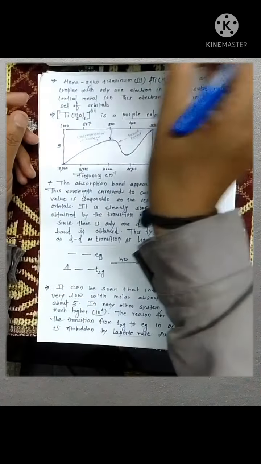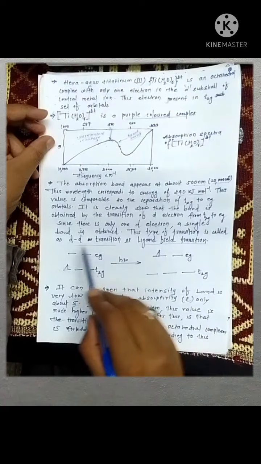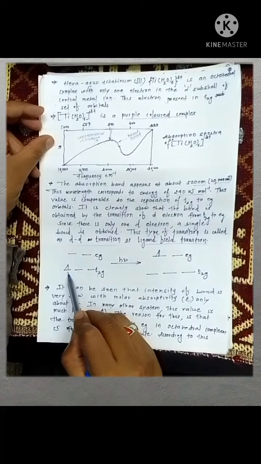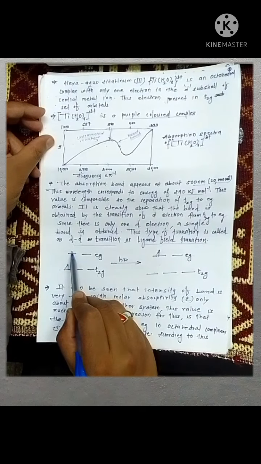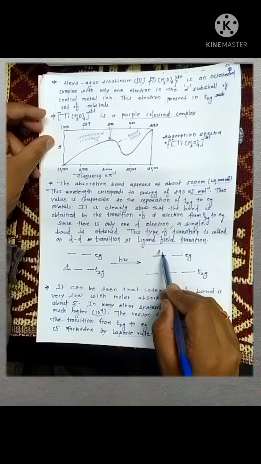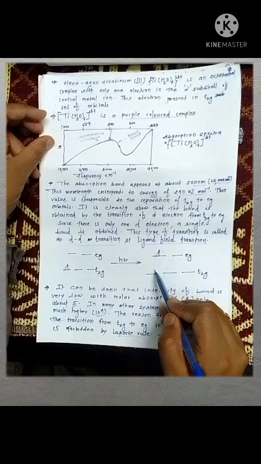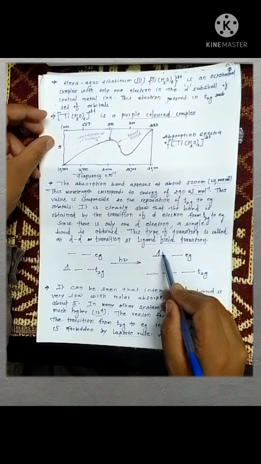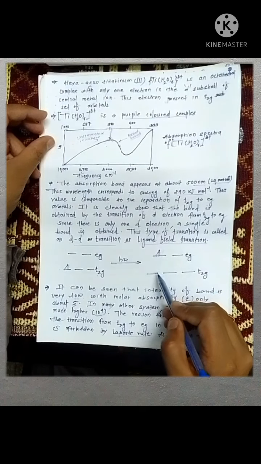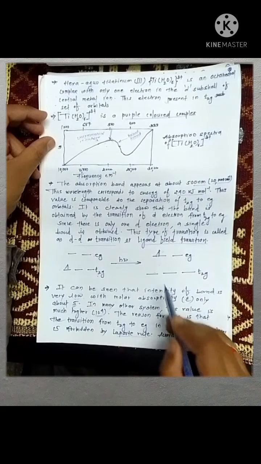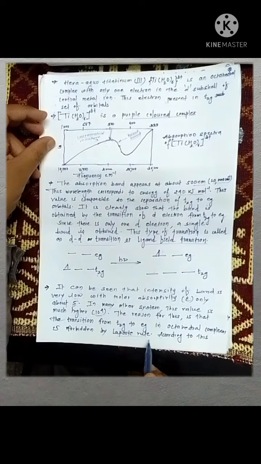Basically, in this case a d-d transition takes place, that is, the electron from this d orbital goes into the eg set of orbitals, which also contains d orbitals. Because these d orbitals have the same symmetry, these transitions are forbidden by the Laporte rule.